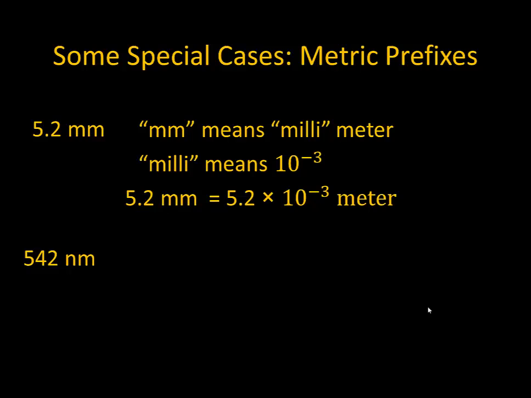Here's another number, 542 nm. This would actually be a wavelength of visible light. That would be in the green part of the spectrum. But we might want to have that written in meters instead. The nm means nanometer. The N stands for nano.